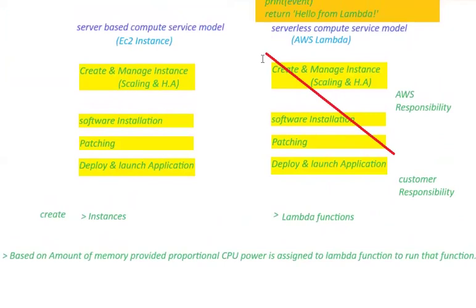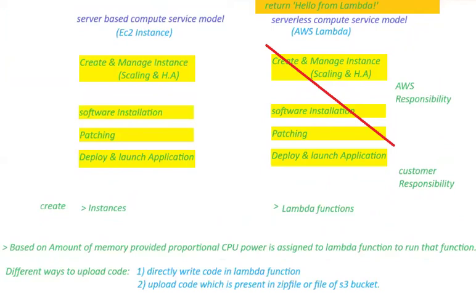The first way is to directly write code in the Lambda function. The other way is uploading: you can upload a zip file present in an S3 bucket. First, you upload your code to an S3 bucket by zipping the file, then you can access that file from this Lambda function.